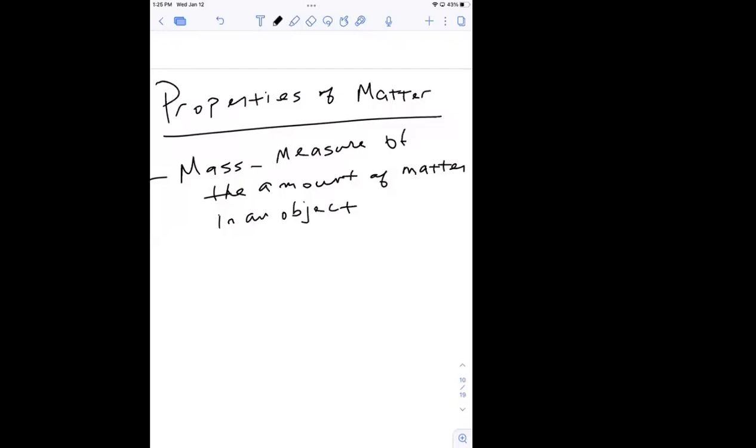The comparison between different types of matter is always going to be different based on size, but the measure of the amount of matter in an object, we call it the mass, right? And you'll notice when we do labs, when we're talking about weighing something out, we always say take the mass. We don't say take the weight, because weight is different. Weight takes gravity into account, right? So weight is the force that gravity exerts on an object.